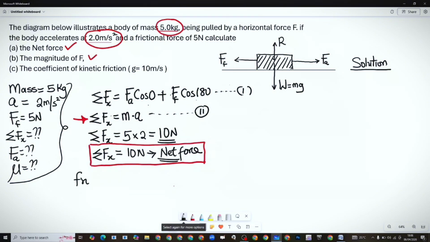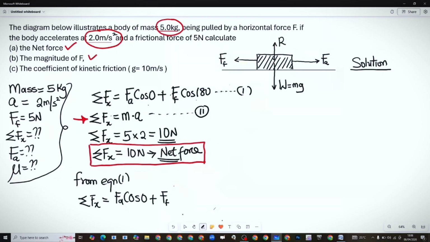So from equation 1, we know that the summation of F is F_A, the applied force, F_A cos 0, plus F_F, the frictional force, cos 180.